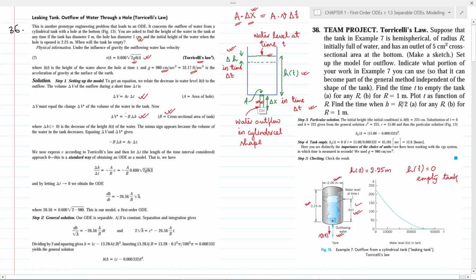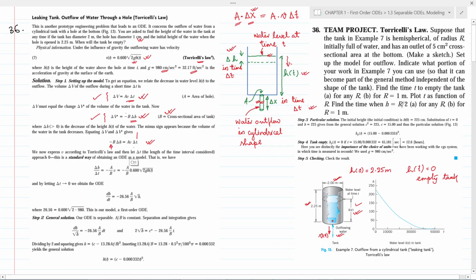Now we know that the volume of water that comes out of the tank equals the decrease in the volume of water inside the tank. So this quantity and this quantity are equal. So we have equated both the quantities here, that is A v delta t equal to minus B delta h. Here we can see again that there is a negative sign because with increase in time, or with positive delta t, the height of the water is actually decreasing.